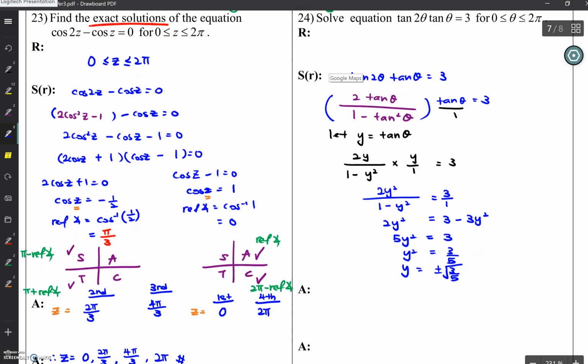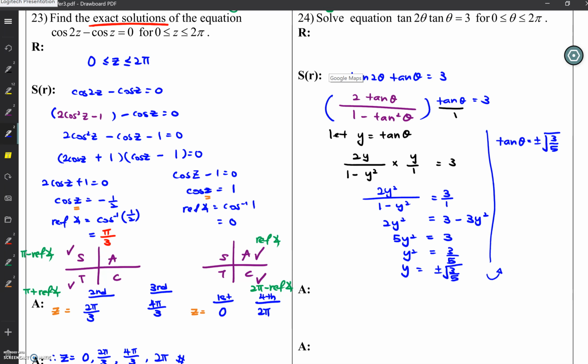So what is the next step then? A bit no space, so I'm going to go up a bit. For this, y isn't what I actually have in mind. It's actually tangent theta, so I'm going to just put it back. Tangent theta is actually plus minus square root 3/5. Once we're at this step, we make tangent theta the subject.